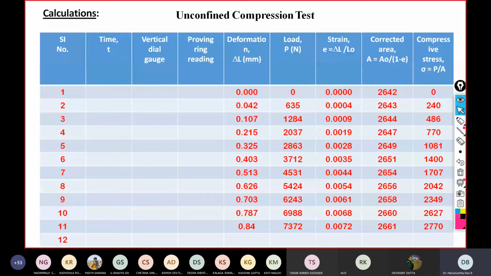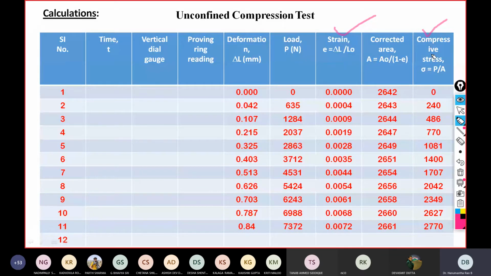Now I know the stress, I know the strain. So where is the stress column and where is the strain column? This is the stress column and this is the strain column. Strain is on the x-axis, stress is on the y-axis.